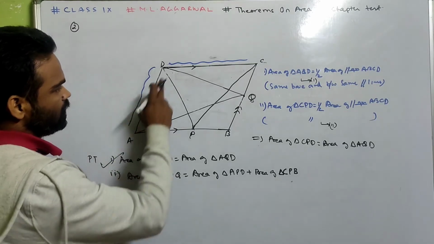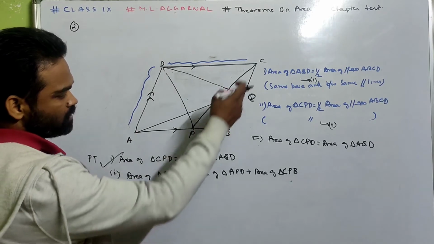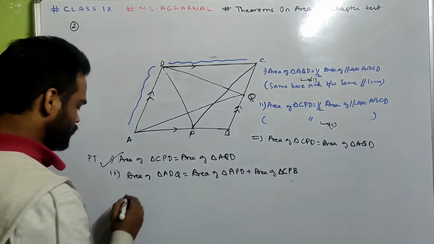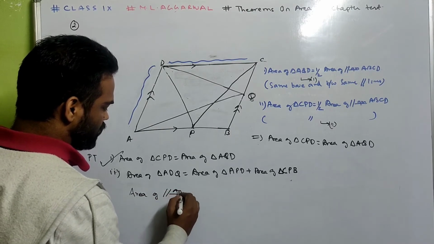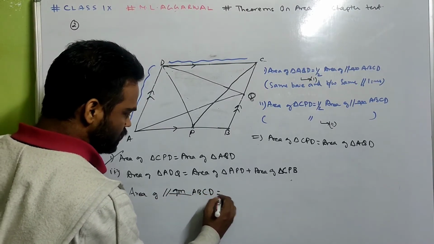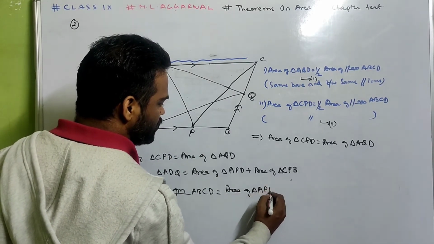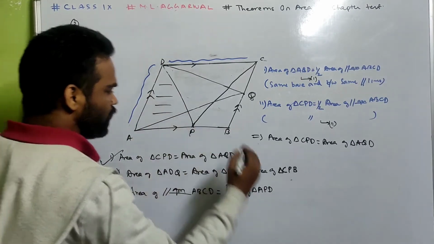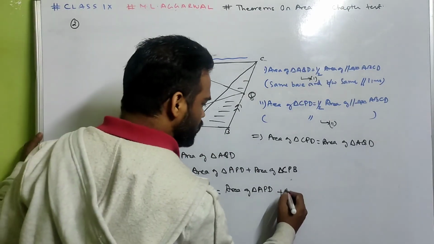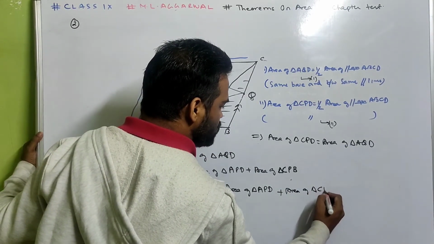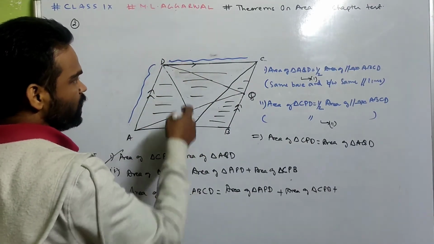Now look at the second part. Area of triangle ADQ is equal to area of triangle APD plus CPB. Very easy. Can I write area of parallelogram ABCD is equal to area of triangle APD, this one, plus area of triangle CPB, plus area of triangle CDP, this one?